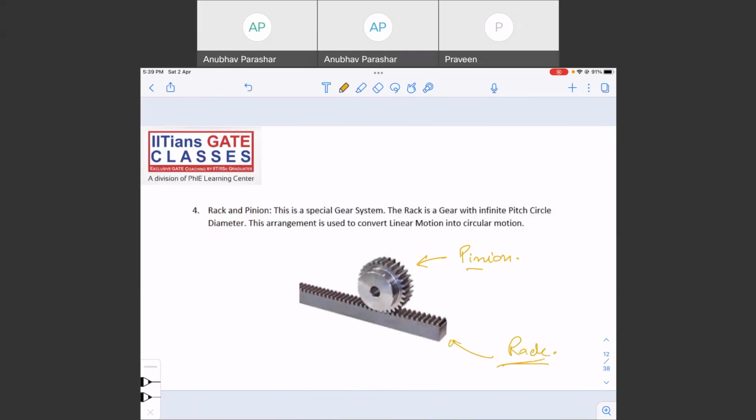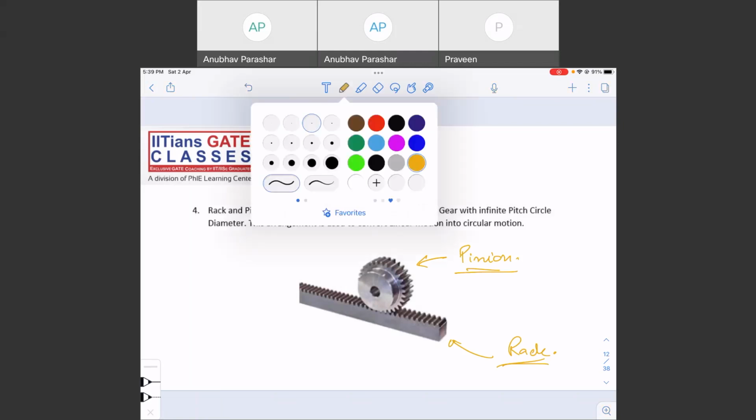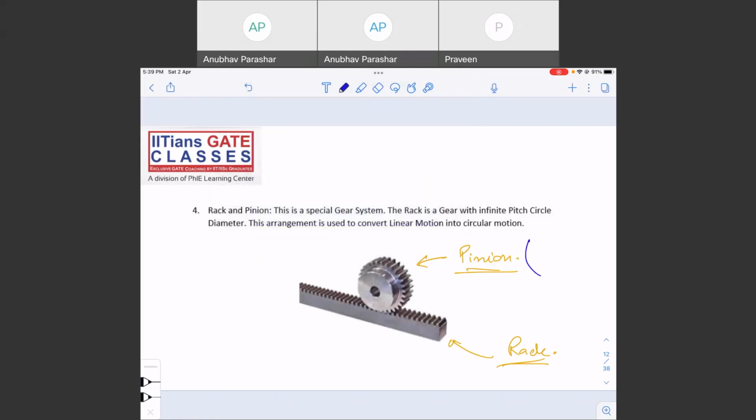Let me tell you one thing. When do we call a gear a pinion? We call a gear a pinion when, in mating gears, the gear which is smaller in size is always called the pinion.